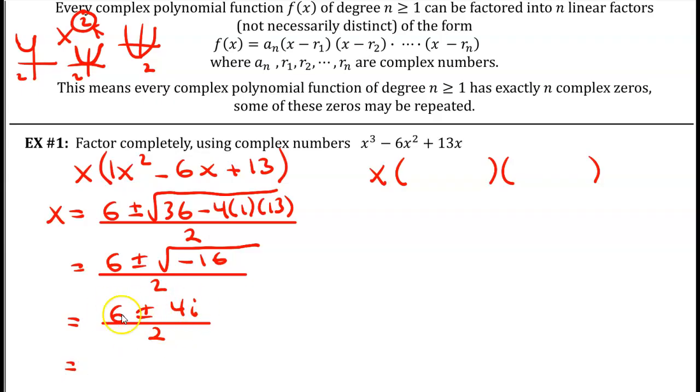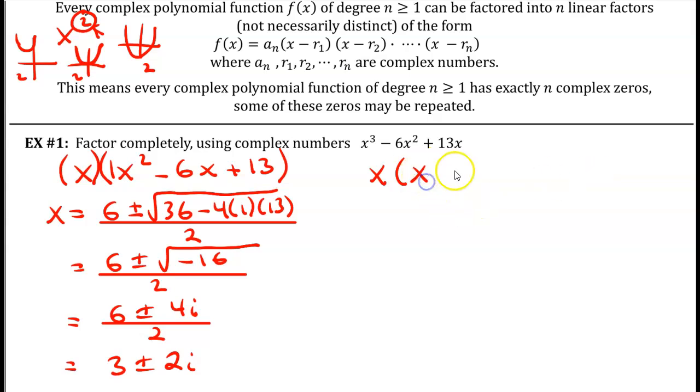And then we can simplify a little bit here. These each have a factor of 2, so I'm going to rewrite this as 2 goes into 6 3 times, and 2 goes into 4 2 times. So those are my two complex roots, along with this other root up here. That makes 3. So I can rewrite it in this format now.